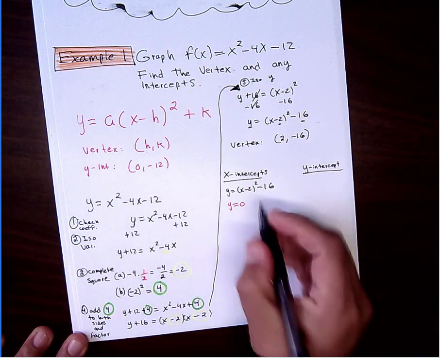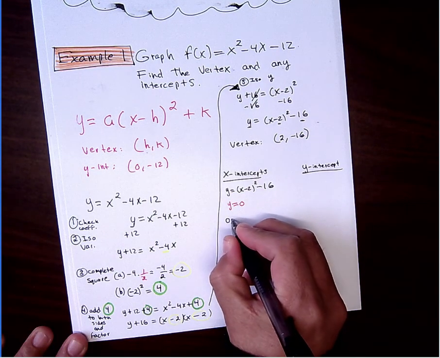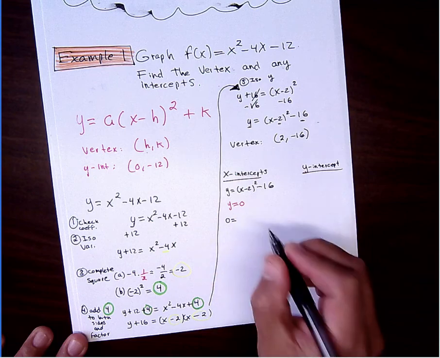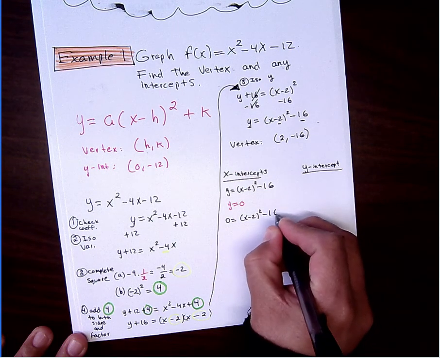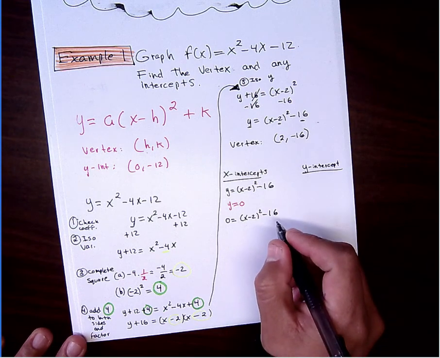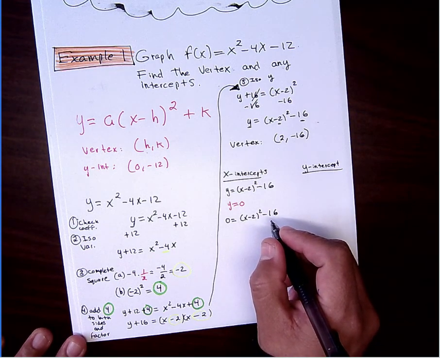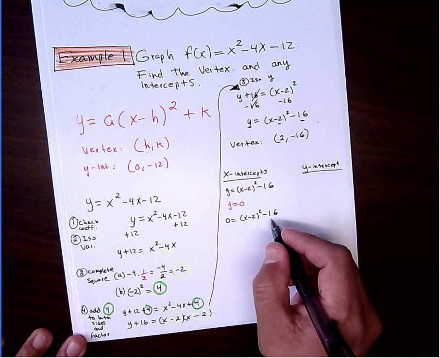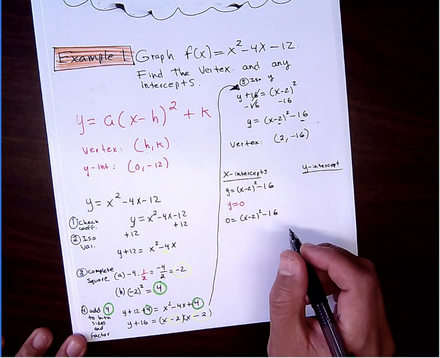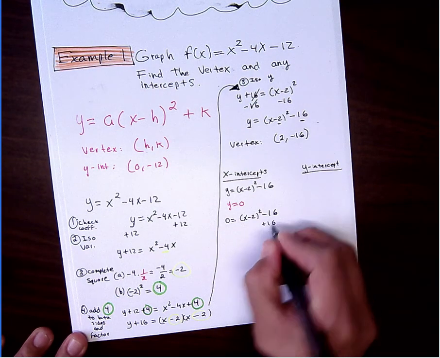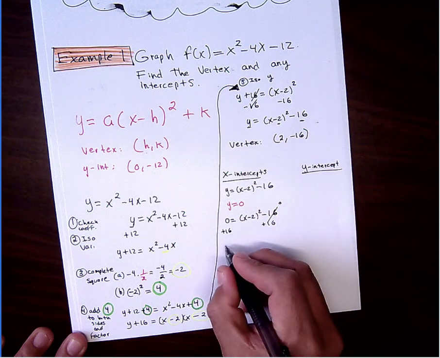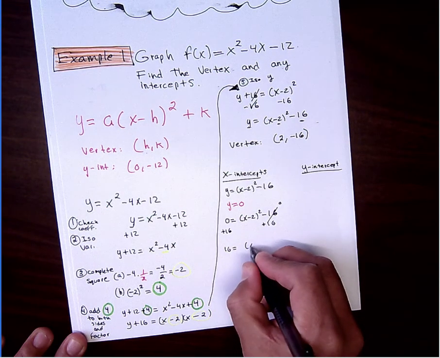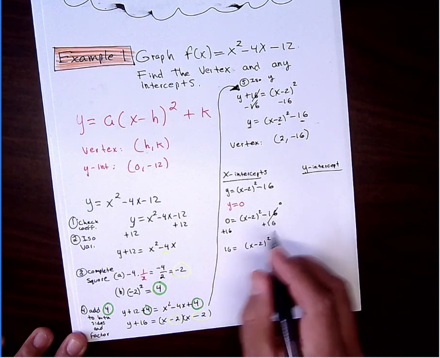So we're going to do 0 here, and here we're going to have to solve. They use the original, but I'm going to keep using this one. So plus 16. So 16 is equal to x minus 2 squared.